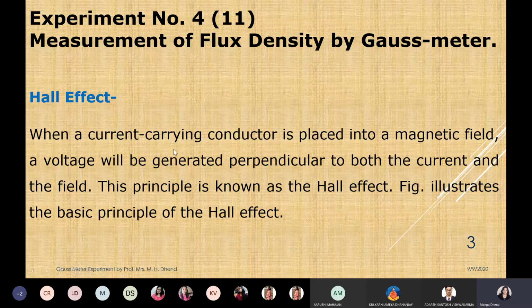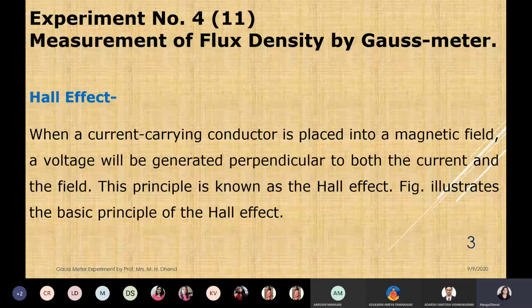So you have to take a semiconducting material, that strip, whatever that probe, we are calling that probe or strip, you have to place in the magnetic flux density. That probe or strip is to be made up of semiconducting material. And since it is a current carrying semiconducting material, you have to pass current through that Hall probe also.